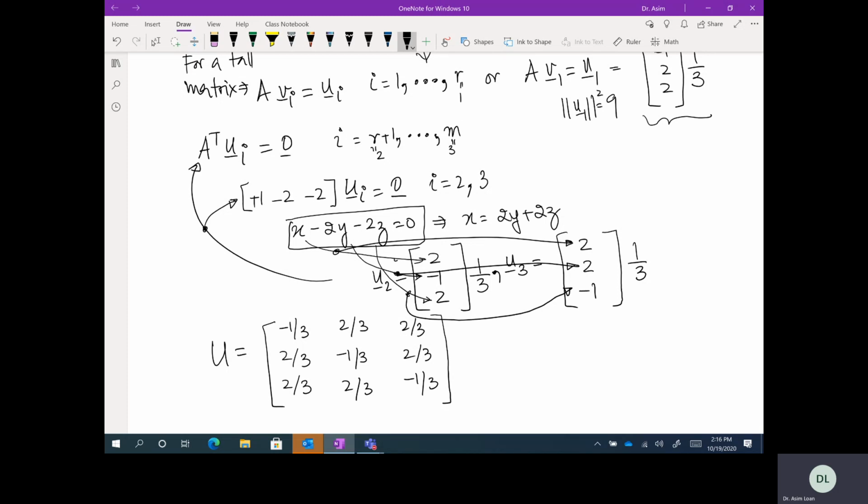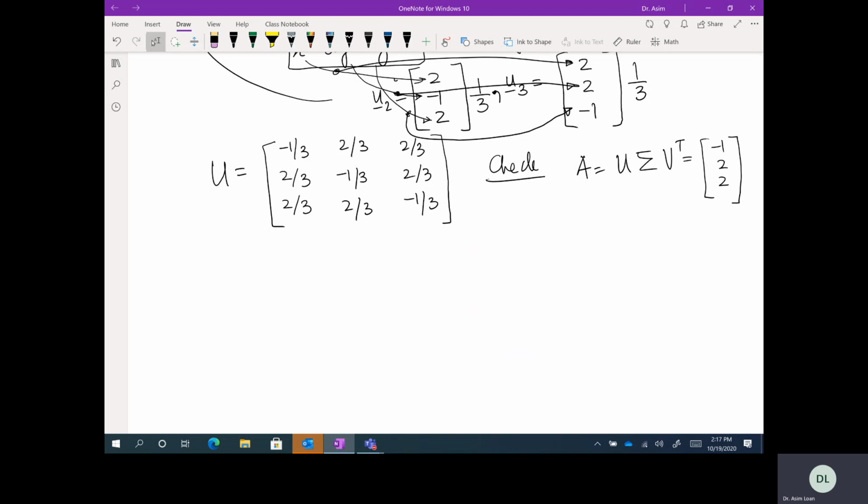You can pick vectors such that they are already orthogonal without applying the Gram-Schmidt procedure. Otherwise you have to do Gram-Schmidt. So check A equals U sigma V transpose, whether this holds or not. Okay.